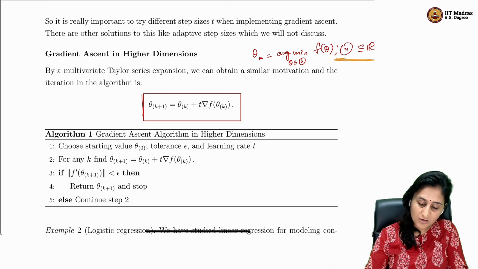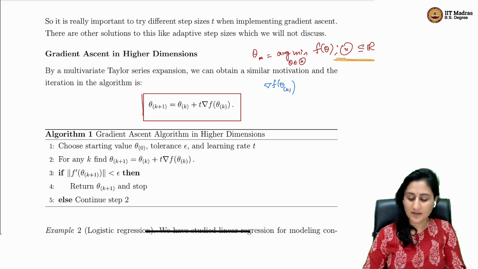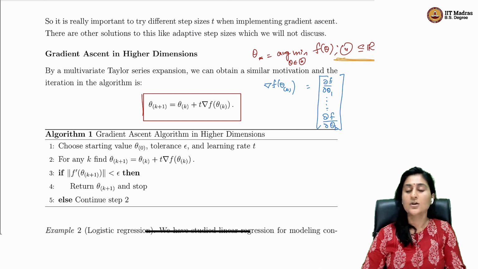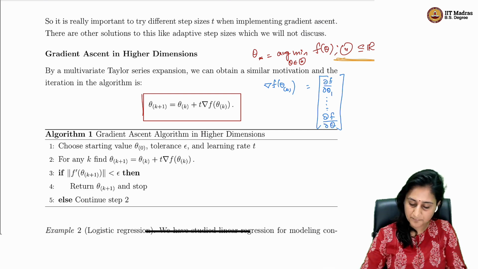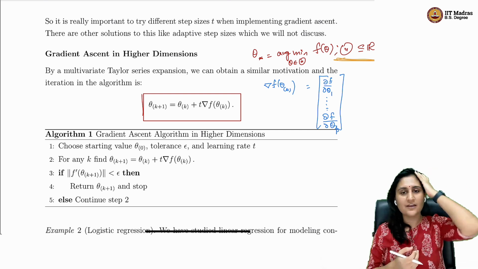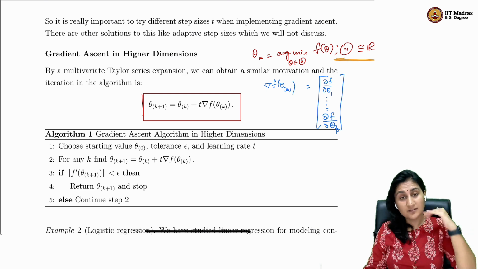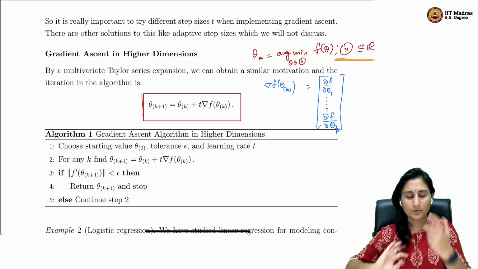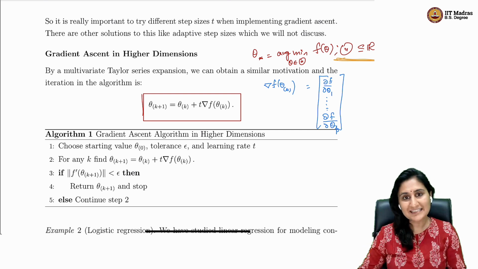Now, if you recall from Newton-Raphson, the gradient of f at theta k is nothing but a long vector, which is del f by del theta 1 going up to del f by del theta p. So it's basically all the partial derivatives of the function f with respect to the sequence of theta components stacked up together, okay?